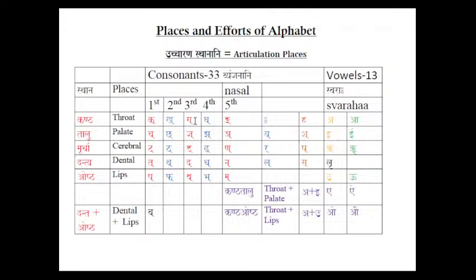These total 15 consonants have the external effort Alpaprana, plus this 15 is not enough, ya, ra, la and va also. So 5, 5, 5, 15 plus 16, 17, 18, and this 19. So total 19 consonants have the external effort Alpaprana.